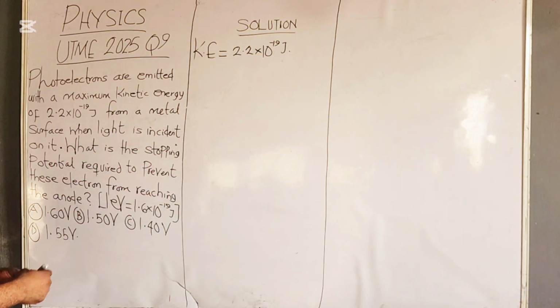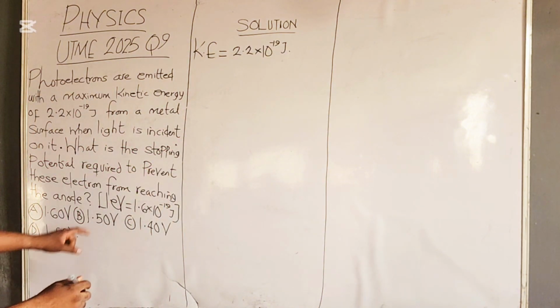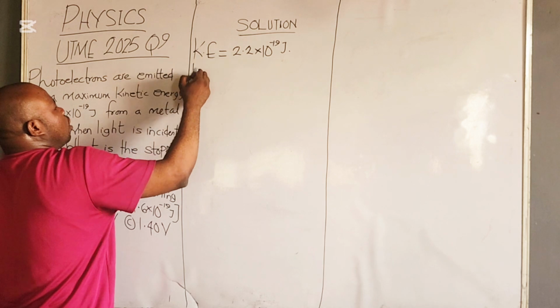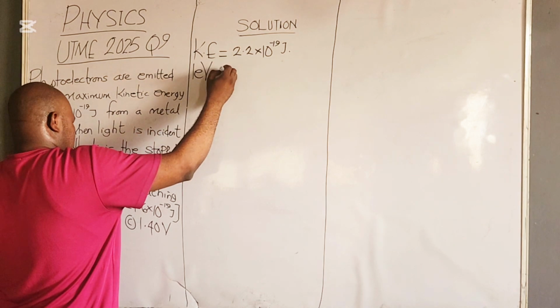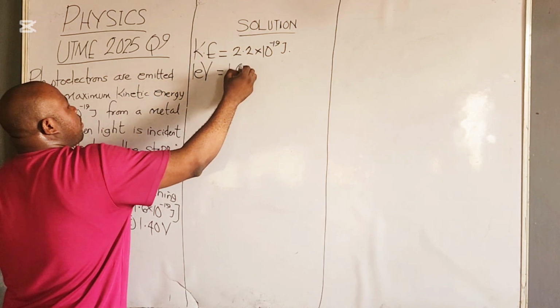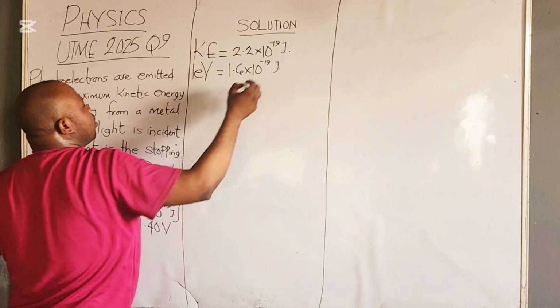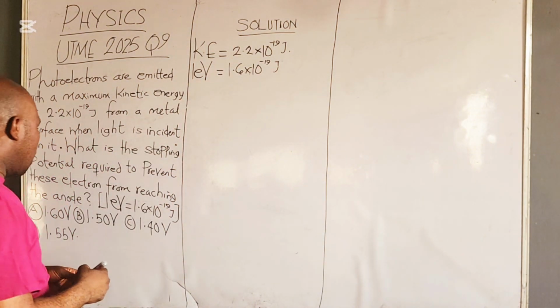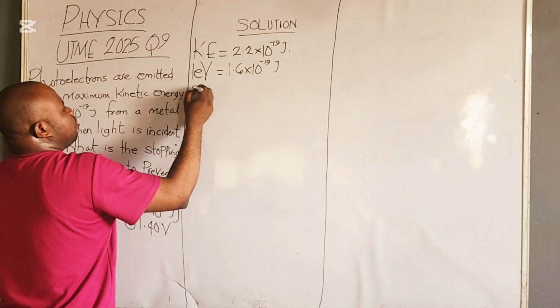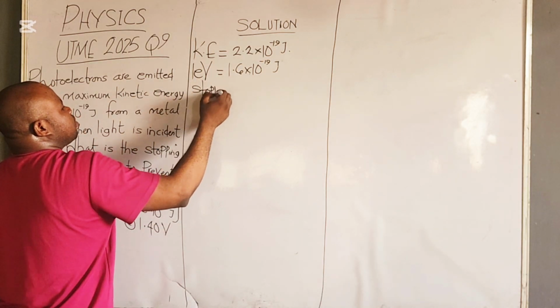What else am I given? 1 electron volt equals 1.6 times 10 raised to the power minus 19 joule. Then I'm asked to find the stopping potential.